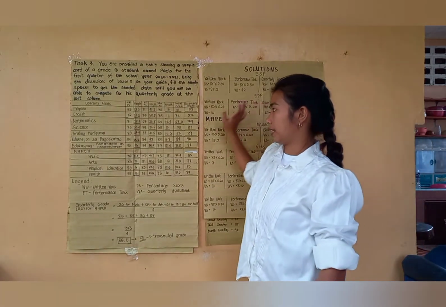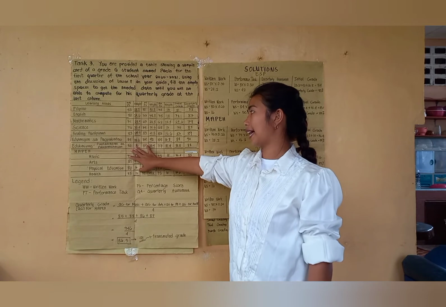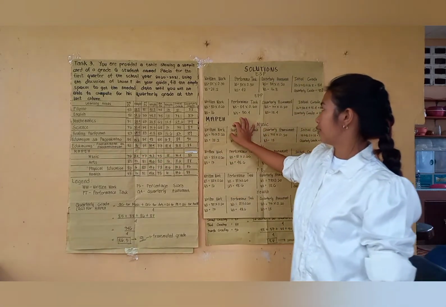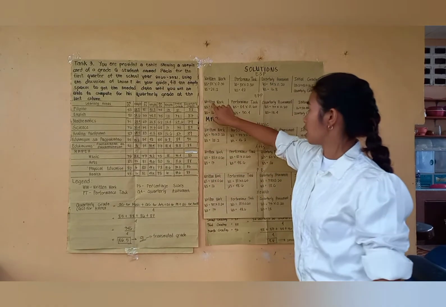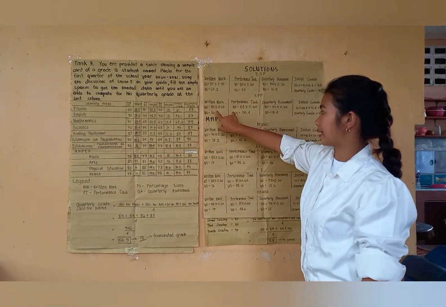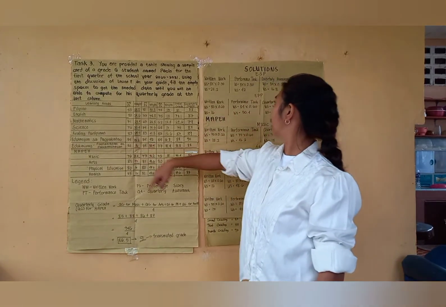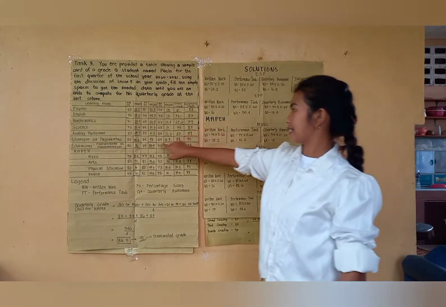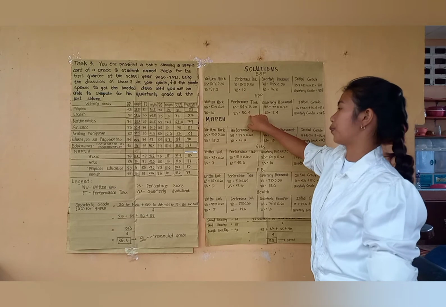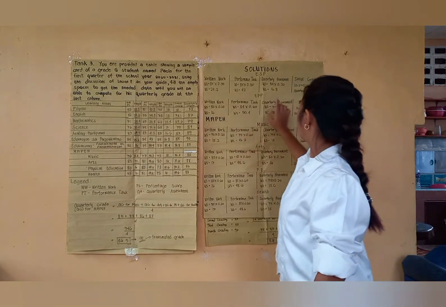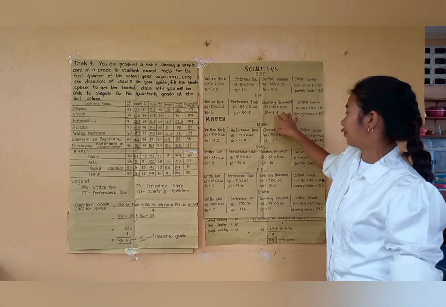And EPP, or Edukasyong Pantahanan at Pangkabuhayan. The written work in EPP is 80, so 80 times 0.3 equals 16. The performance task is 84, 84 times 0.6 equals 50.4. Quarterly assessment 15.4.